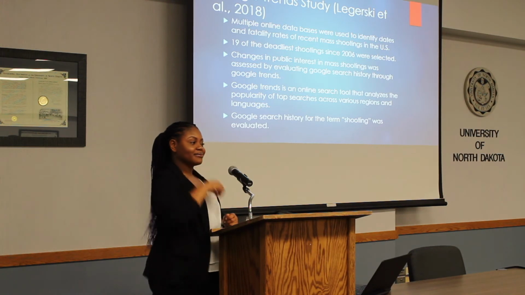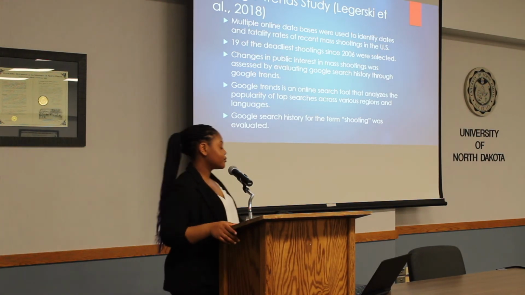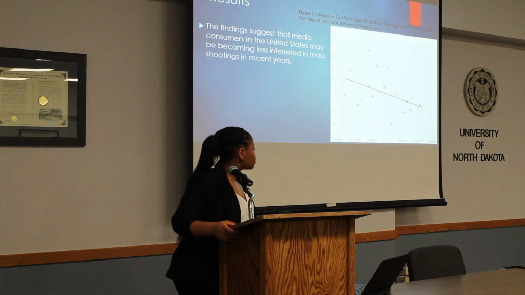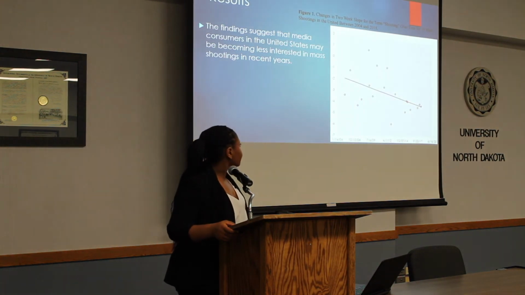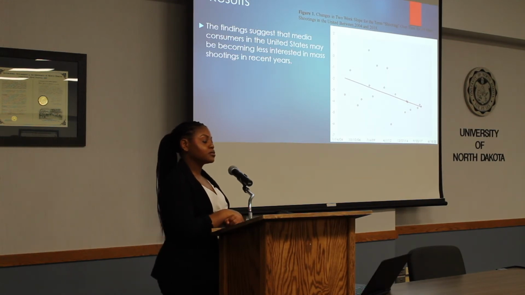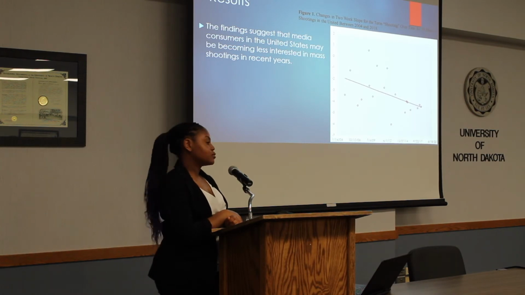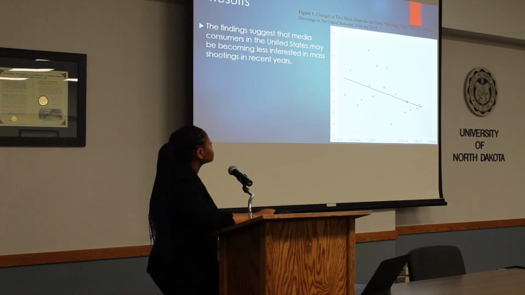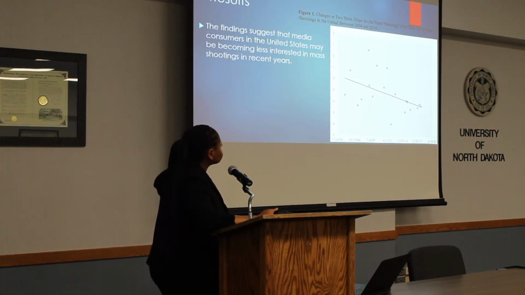If I could add, can we go back to the first graph? Yeah, the Google. So in some ways, this is controlling for that because this data point is, there's one for each shooting, and what it's measuring is the slope of changes in the 2 weeks following each shooting.